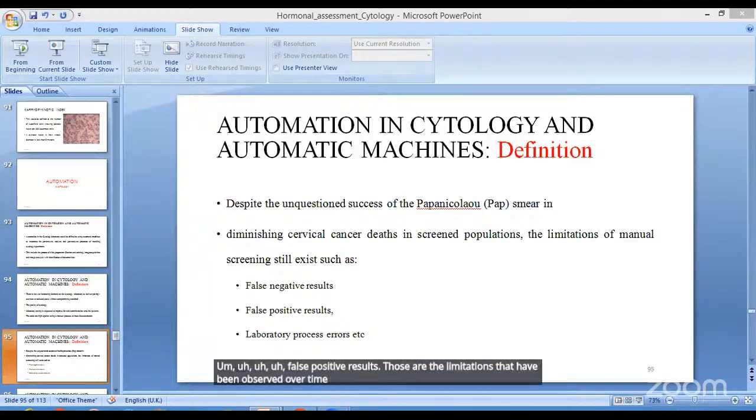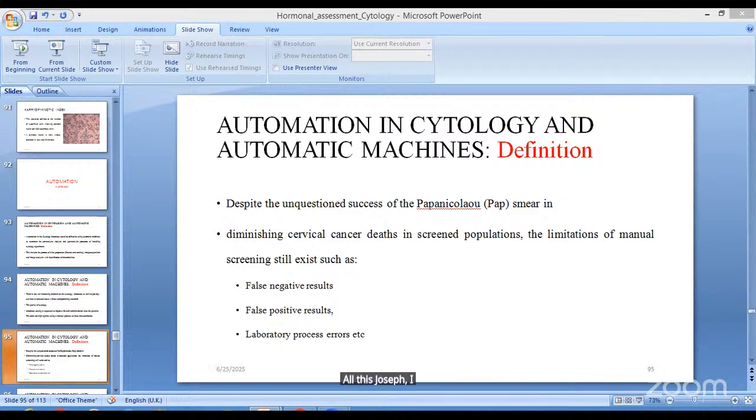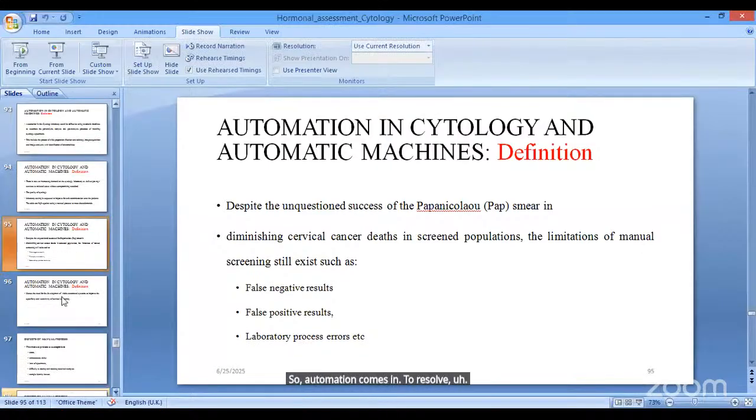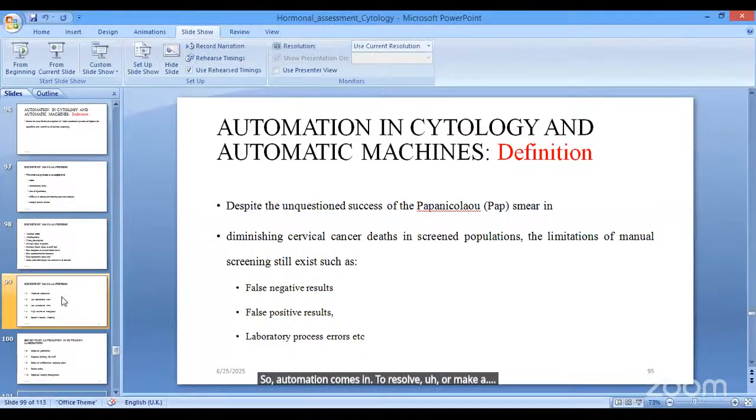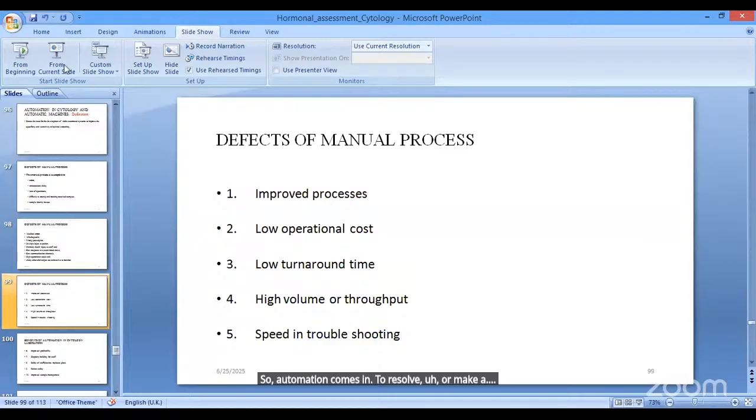Then there are laboratory process errors. All this justifies a shift from manual processes that will make it possible to run more tests with lean processes at reduced cost, and yet optimize the result and its quality. So automation comes in to make this possible.